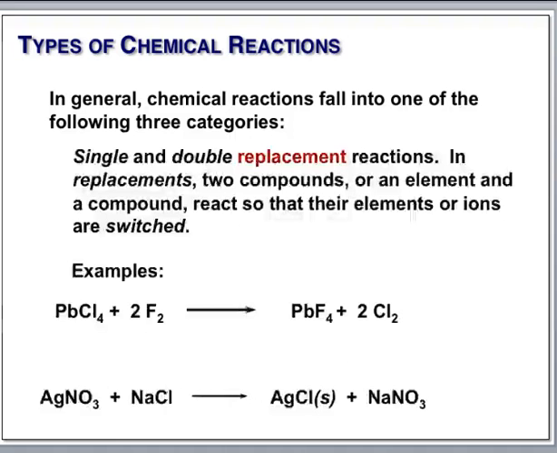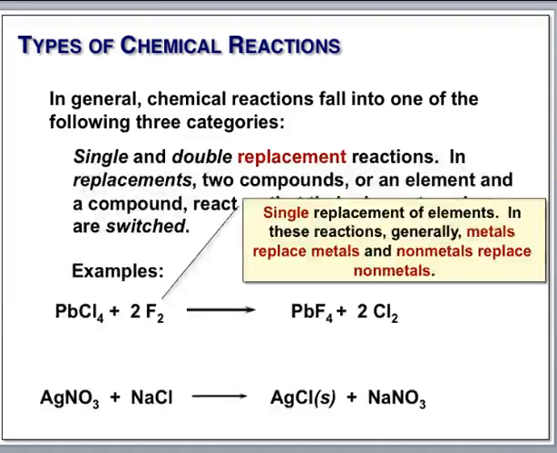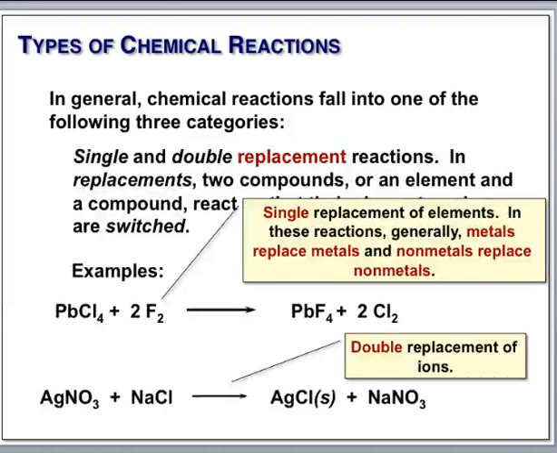We talked about replacement reactions. We have single and we have double. In a single replacement, we're going to take an element and a compound. We're going to let those react, and we will get an element and a compound. Typically, the nonmetal will replace the nonmetal in the compound.